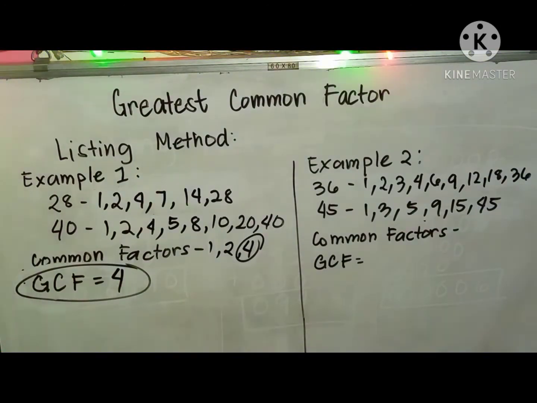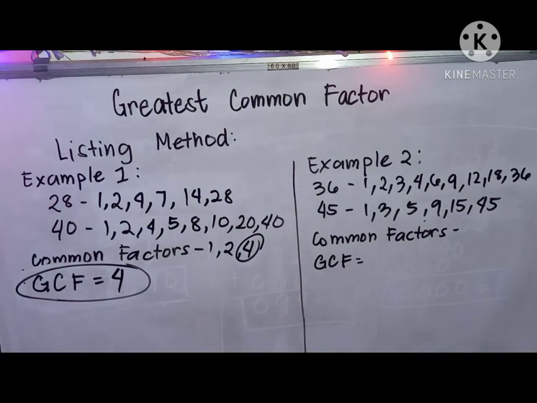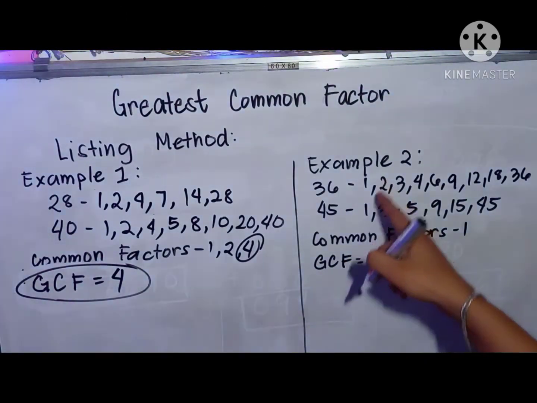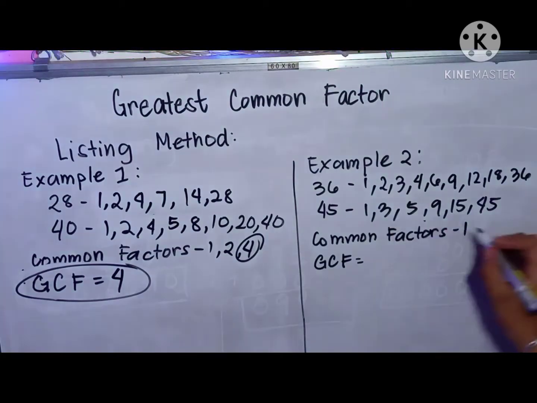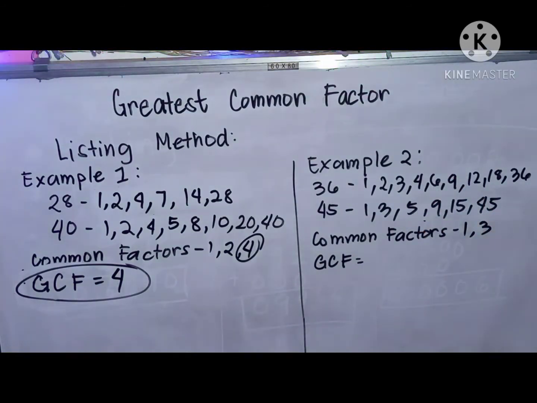So ano yung next step? Of course, get the common factors. Ano kaya yung factors na meron silang dalawa? Si 36 at si 45 ay may 1. Walang 2 si 45. Pareho silang may 3. Walang 4 si 45. Walang 6 si 45.